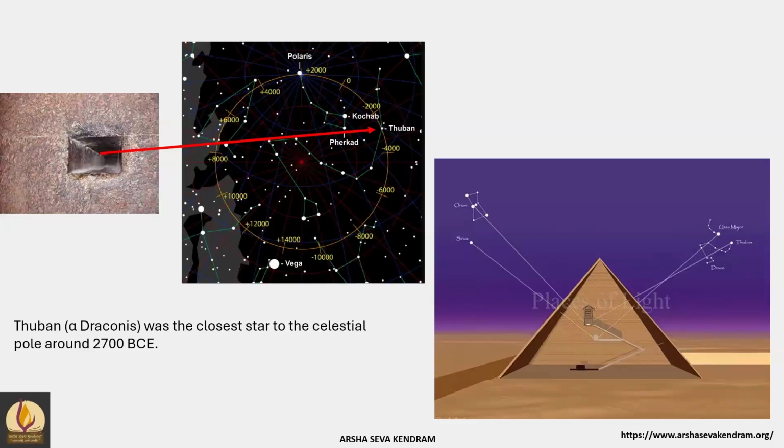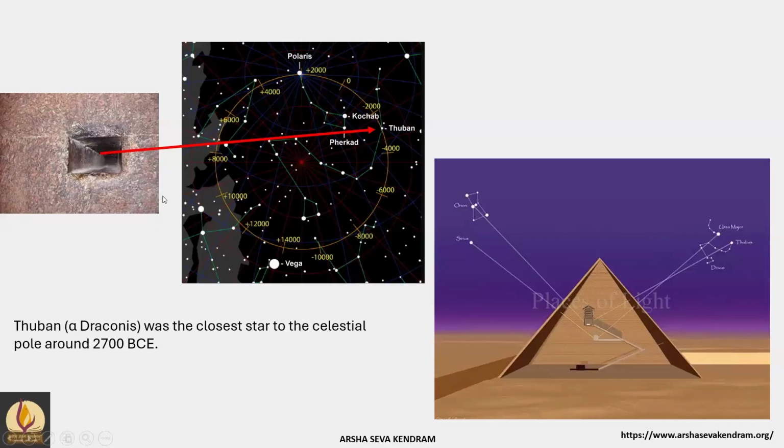We are talking about timelines like 2700 BC for the pyramids, where, although it was not a very bright star, it was an important star because it was closest to the celestial pole and hence was the pole star of those times.